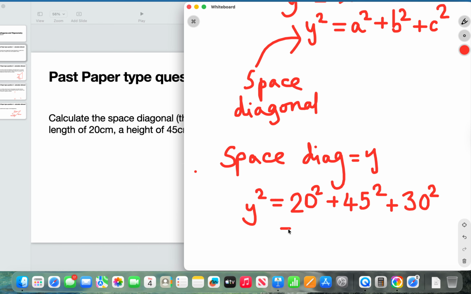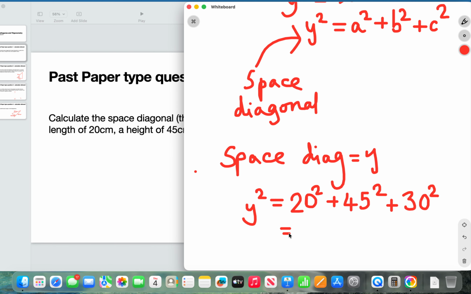If you then want to find out the value of y squared, if you plug all of that into the calculator, sorry, I've made a mistake. I should have put 35, not 30. Sorry, I meant to put 35.